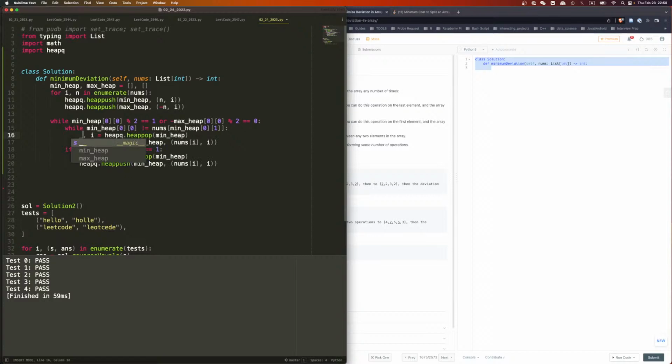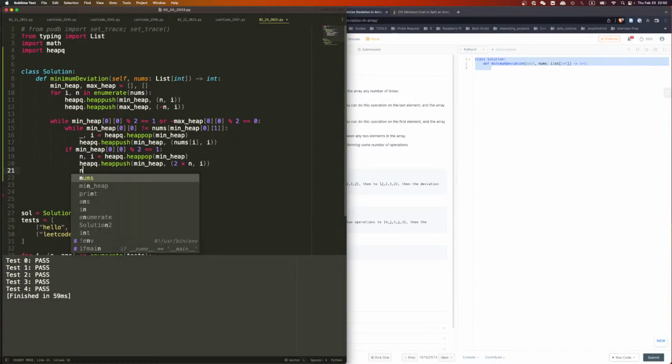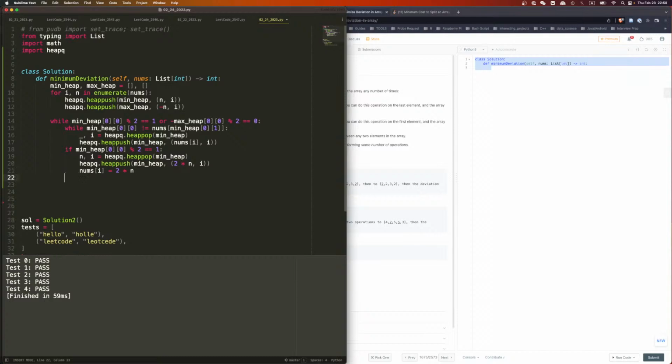Actually, this n I don't even use. All right, so I pop this n out, then I push 2 times n in, and then nums[i] will equal 2 times n. Okay, so I do this operation, and then I check.